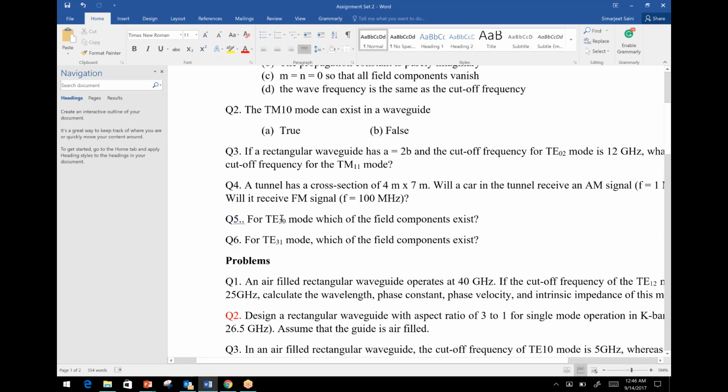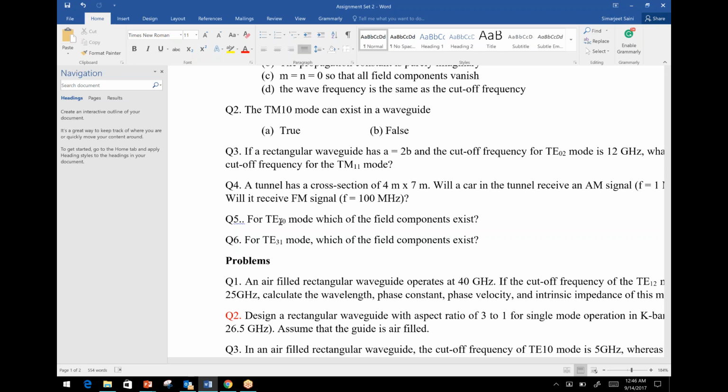For the TE30 mode, which of the field components exist? Again, you have to think through that. Remember what the TE30 mode means: there are three lobes in the x direction and zero variation in the y direction. That tells you that there is no amplitude variation in y.